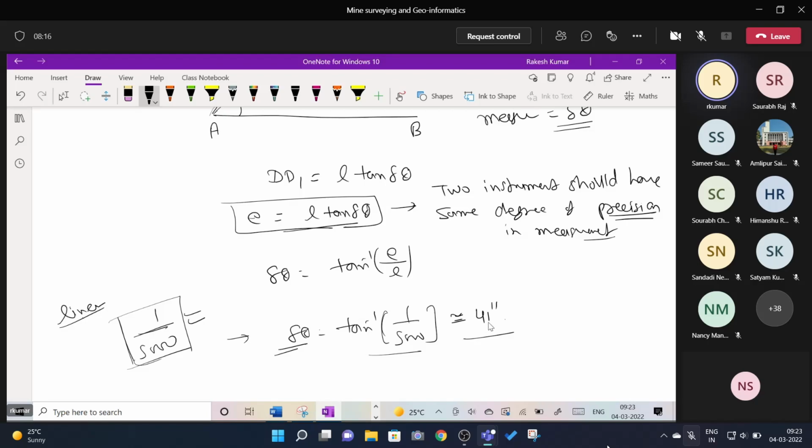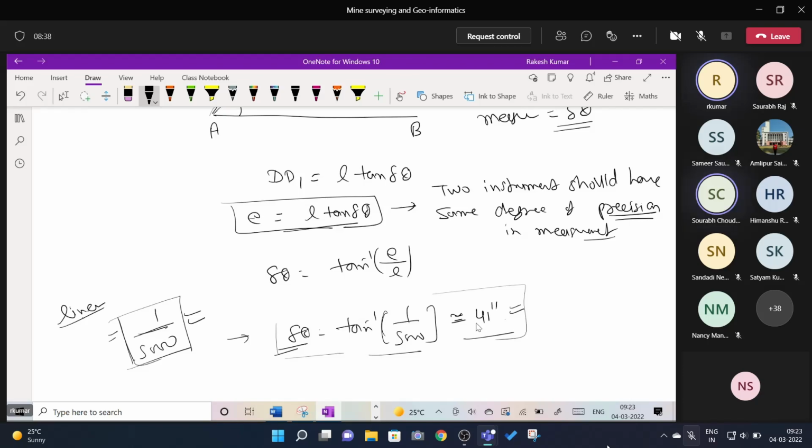It should be 41 seconds. For that, you have to use an instrument that has this much precision. Got my point? If you want to use angular measurement for this linear measurement, the instrument should have this type of least count. You got my point?